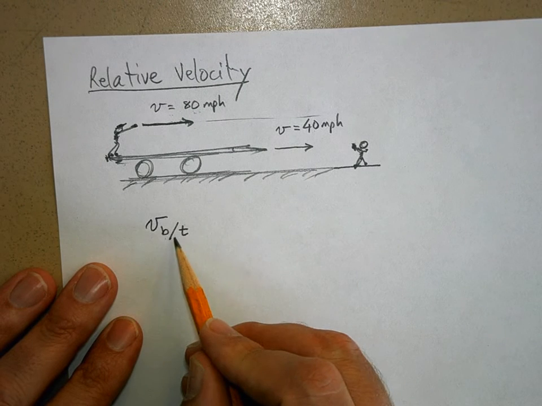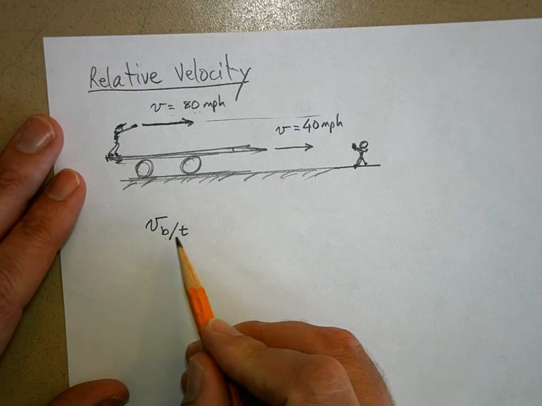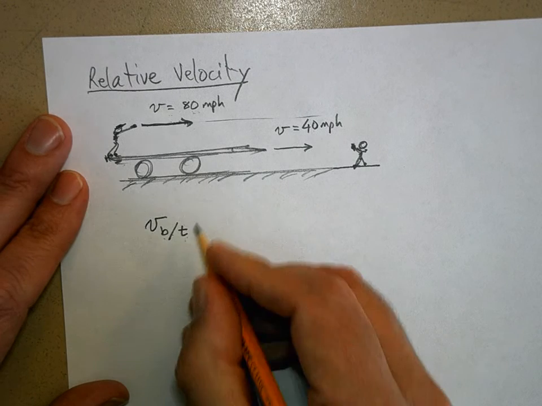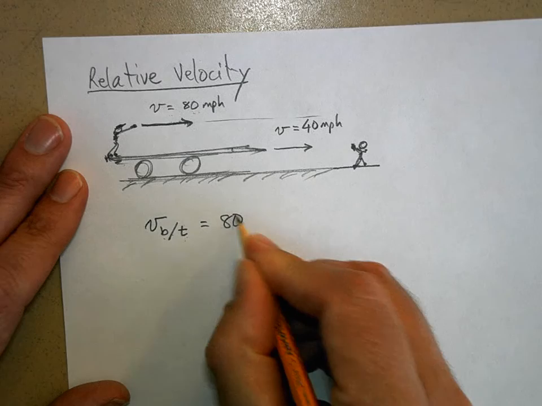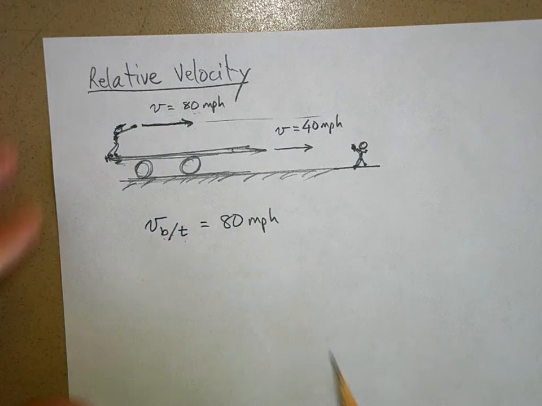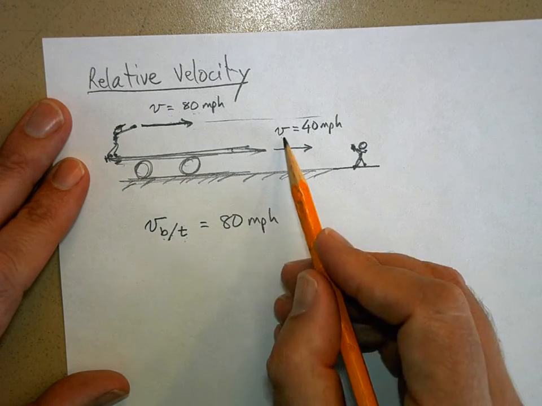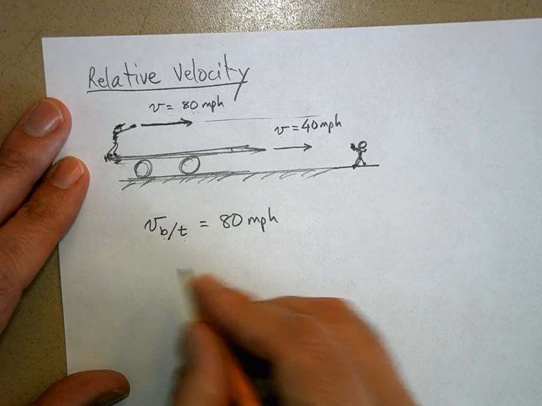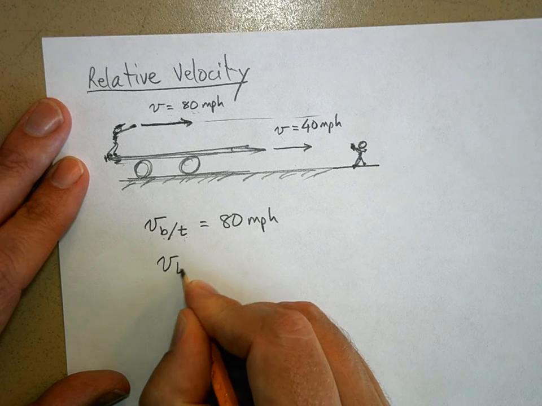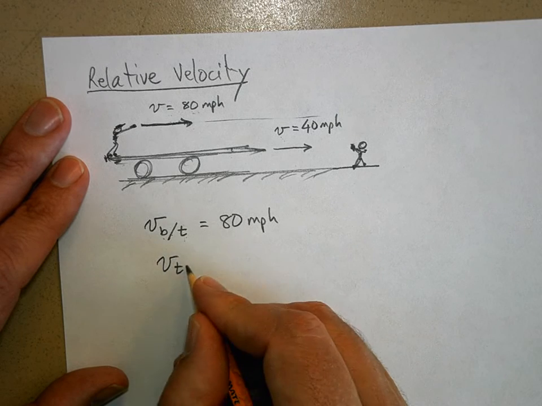The ball is moving with respect to, and T stands for train here. The ball with respect to the train is moving 80 miles per hour. Now, what is this 40 miles per hour? This is the velocity of the train with respect to what? The ground.